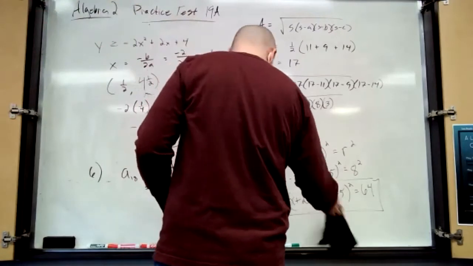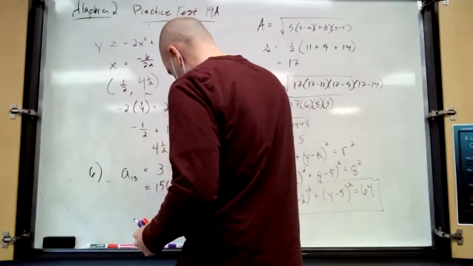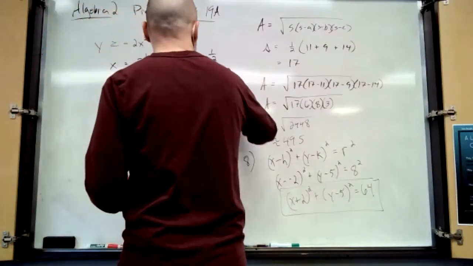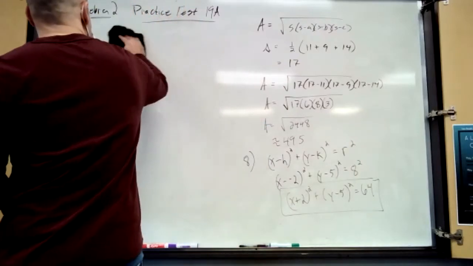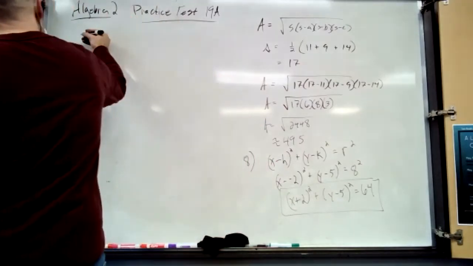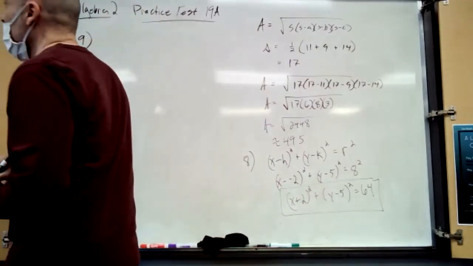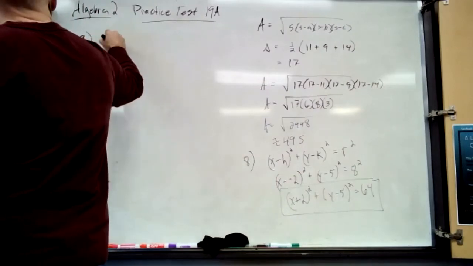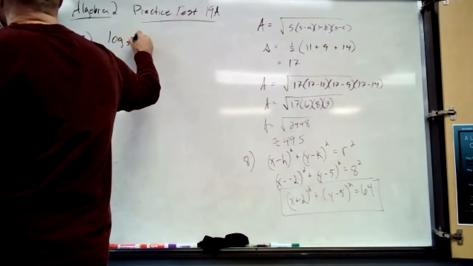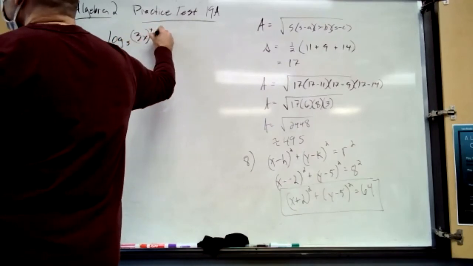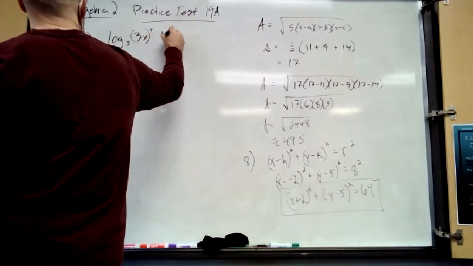All right, number 9, logarithms. We're going to use the change of base formula, which of course they give you. Apologize if you're offended by that. Use the change of base formula to convert log base 5 of 3x to the 4th to base e.